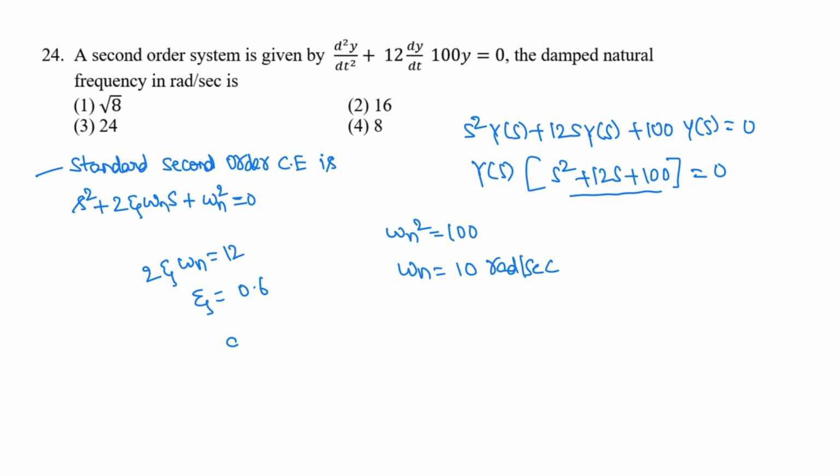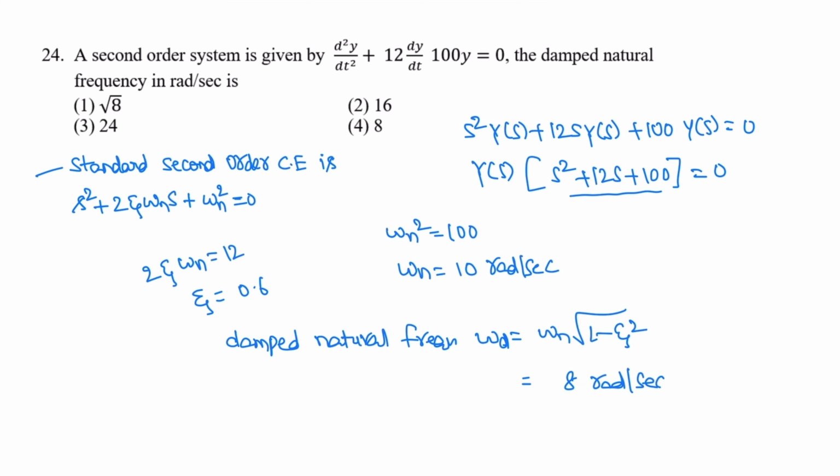Now the damped natural frequency omega d is omega n square root of 1 minus zeta square. So on calculation its value is 8 radian per second. So the correct option is 4.